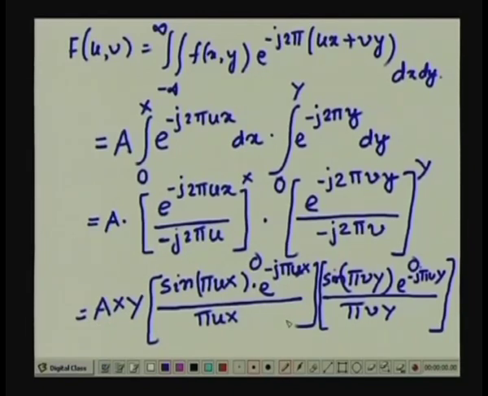So, from this expression, if you compute the Fourier spectrum, it will be something like this. What we are interested in is the Fourier spectrum.